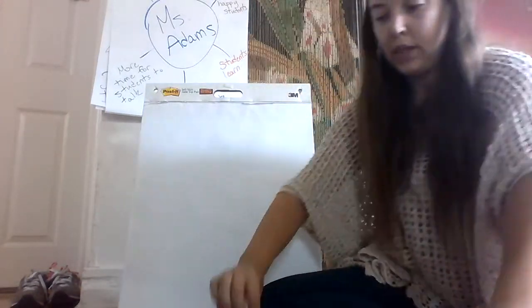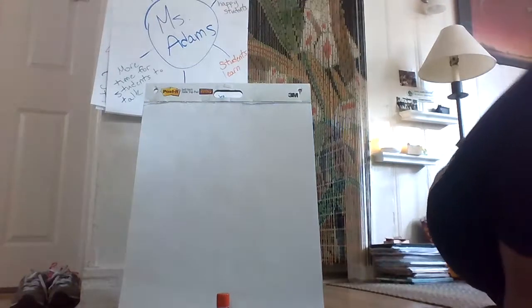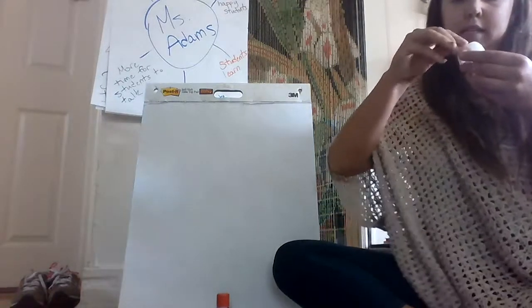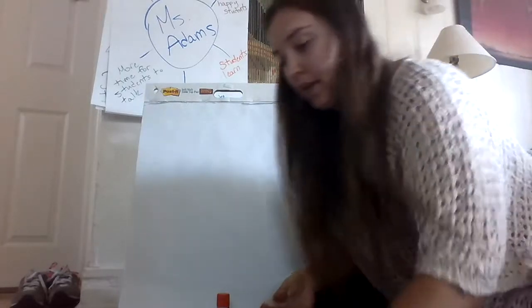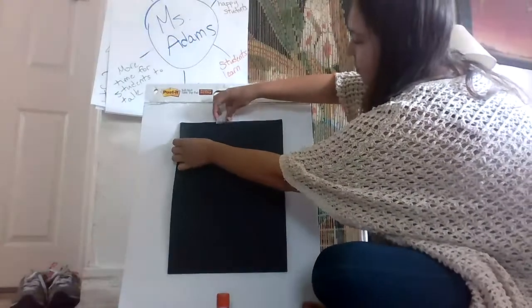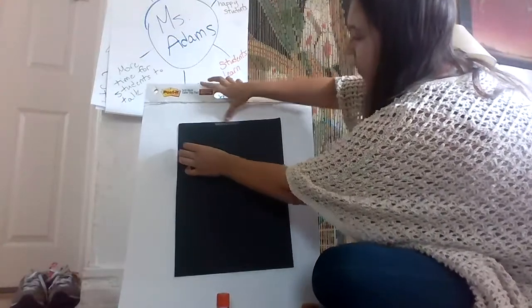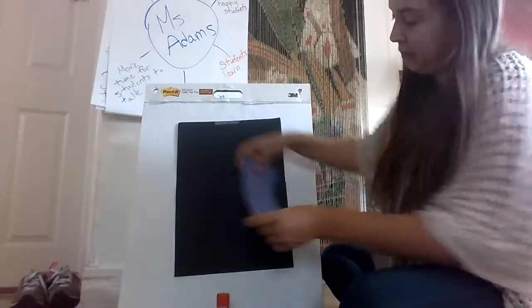Okay, so now I'm going to line my cities up. Maybe I'll tape my background to this board so you guys can see. There you go, better. So I'm going to just line my city pieces up.